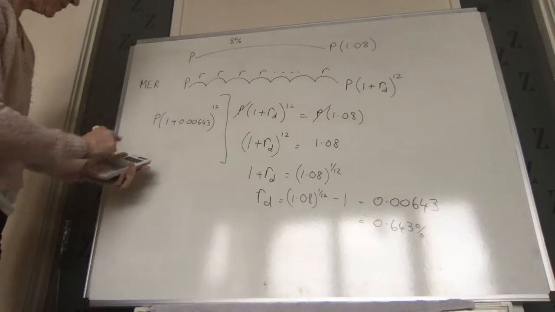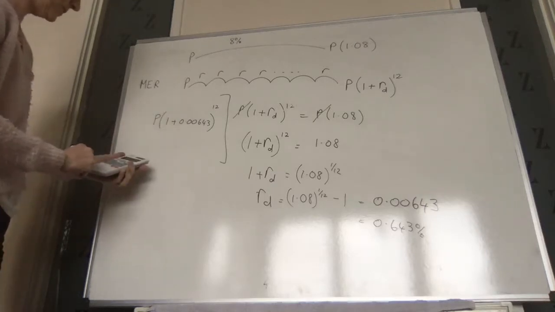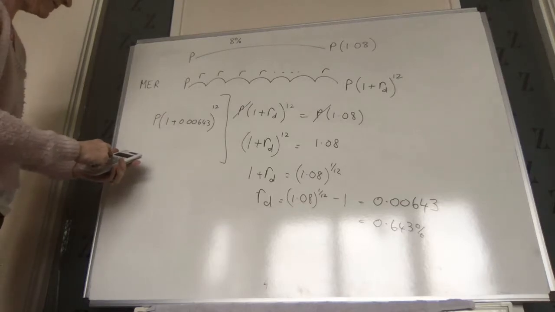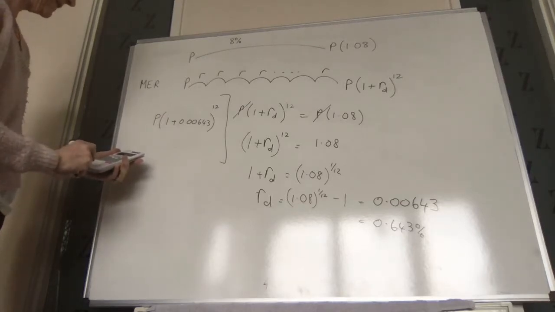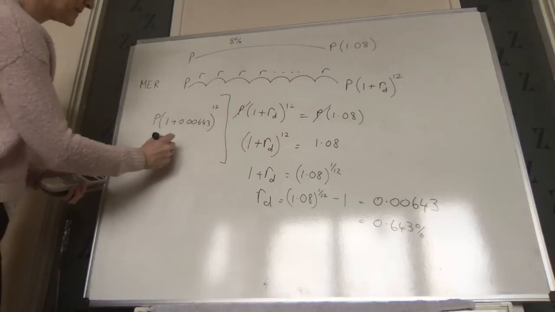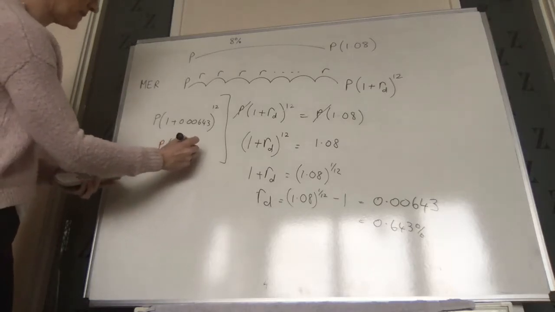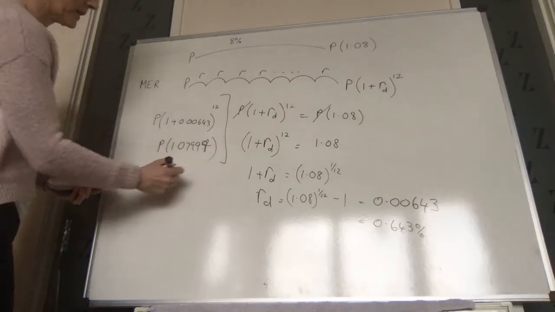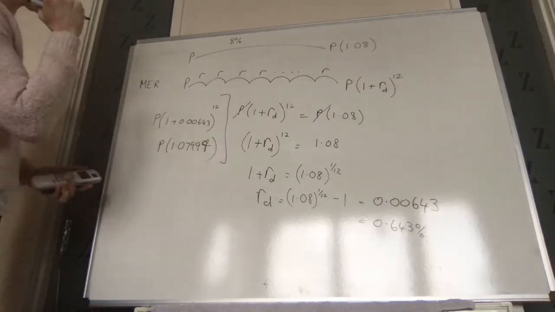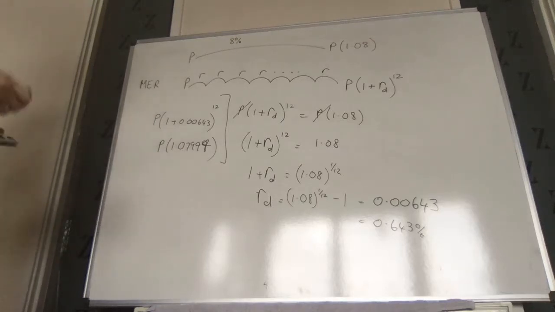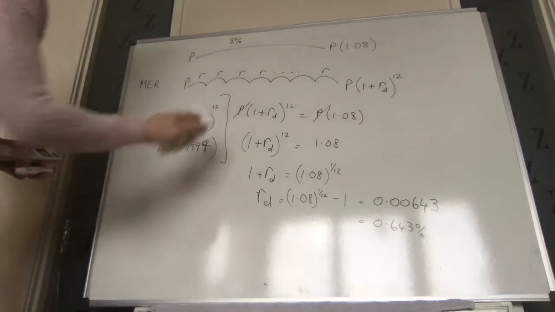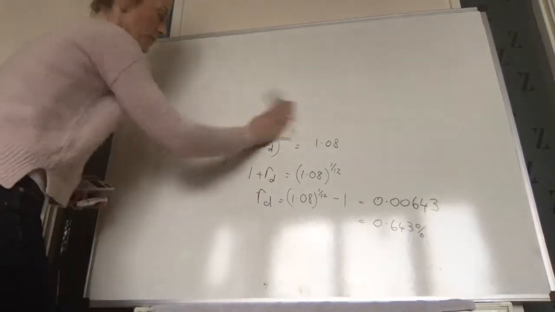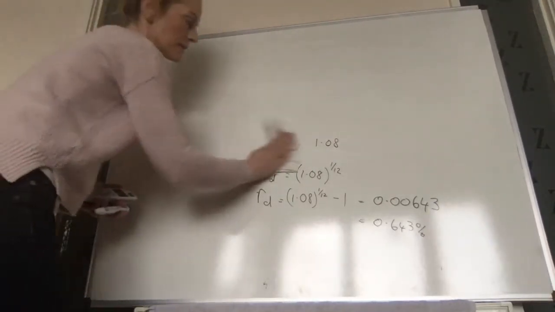So 1.00643 to the power of 12 gives us P times 1.079999948. Okay, I rounded it a little bit down here, so that's why we're not getting the exact number. Okay, hopefully that will have shown you how to get the annual equivalent rate or the monthly equivalent rate, whatever way the question is asking you.